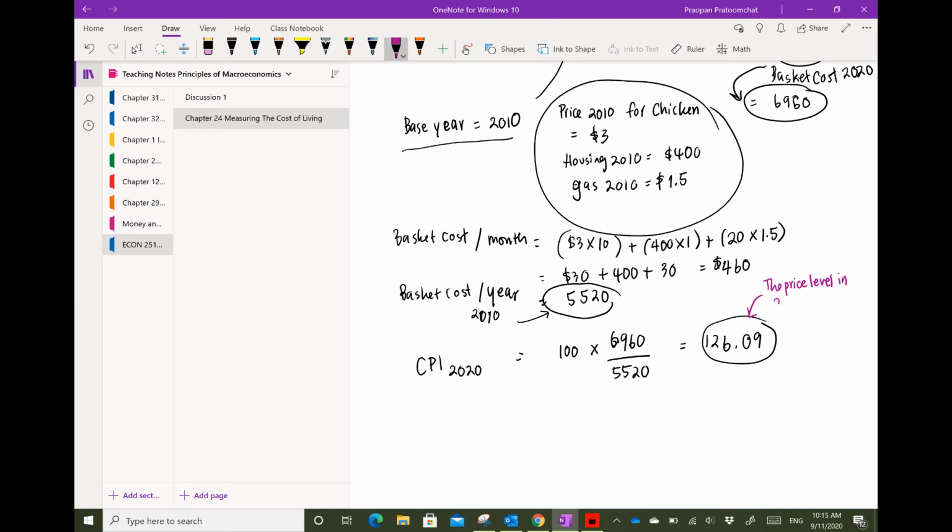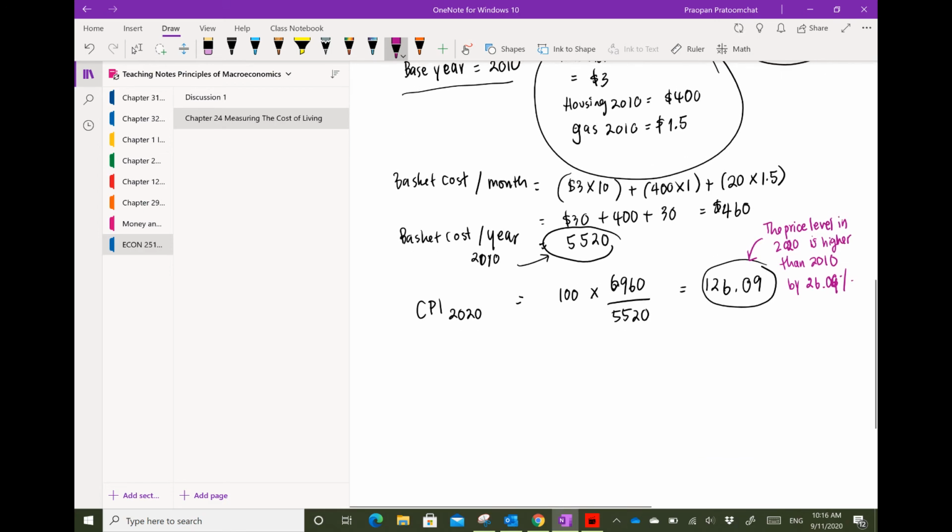The price level in 2020 is higher than 2010, compared to the base year, by 26.09%, right?